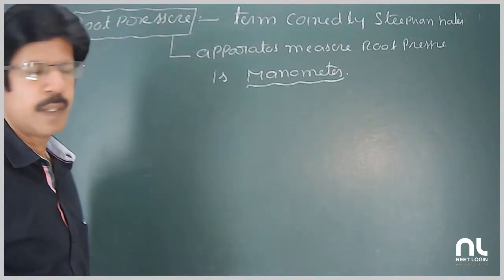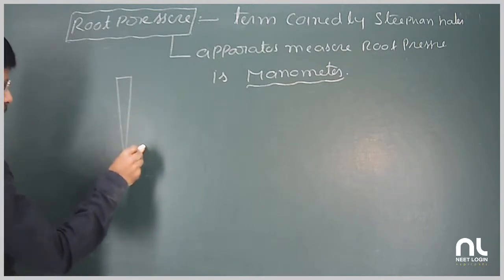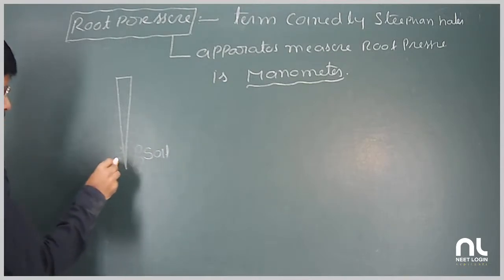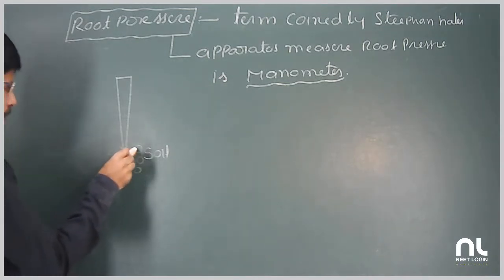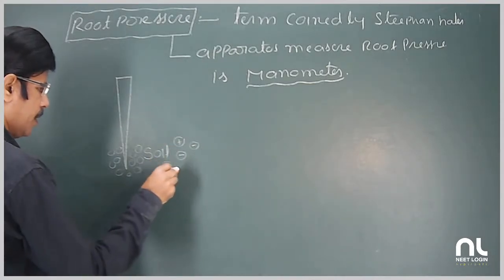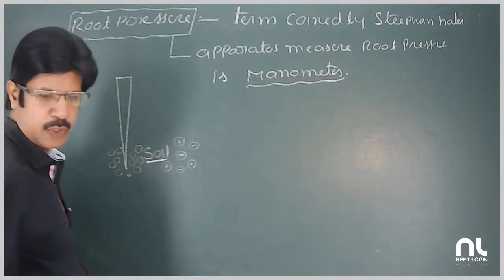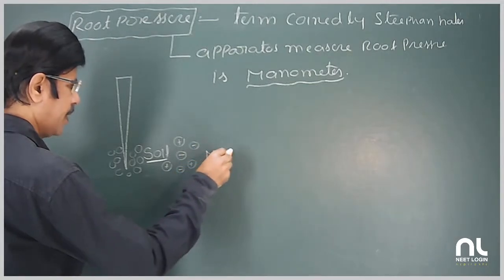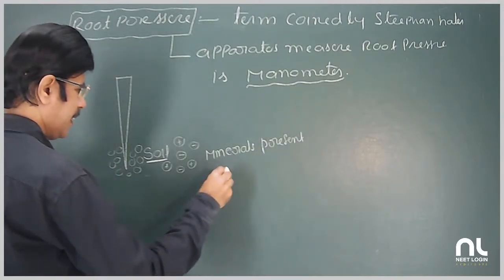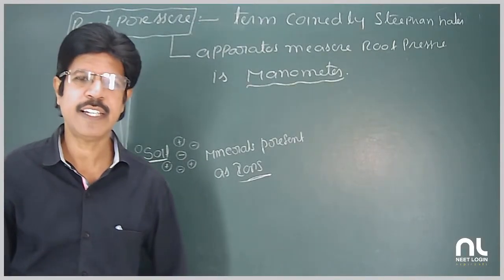Okay. Suppose it is a root, and this is soil. The soil has minerals present in the form of ions, positively charged cations and negatively charged anions.